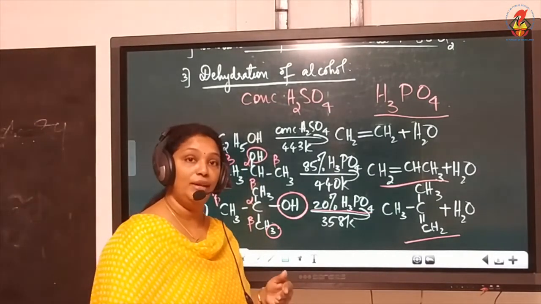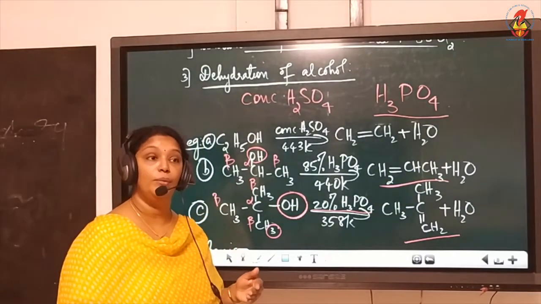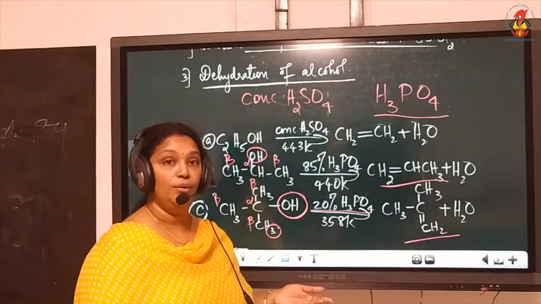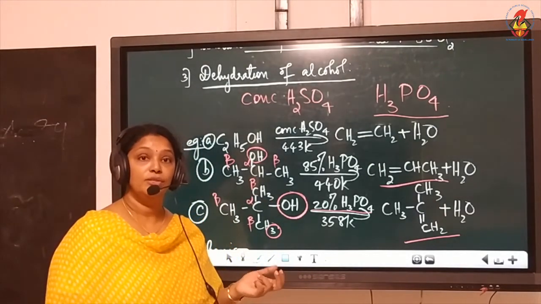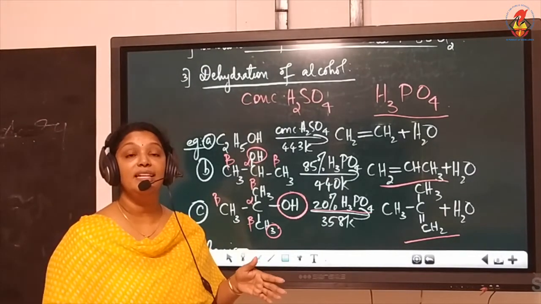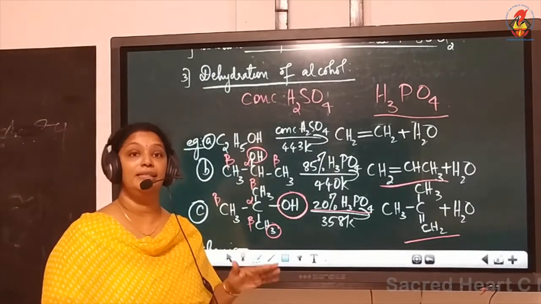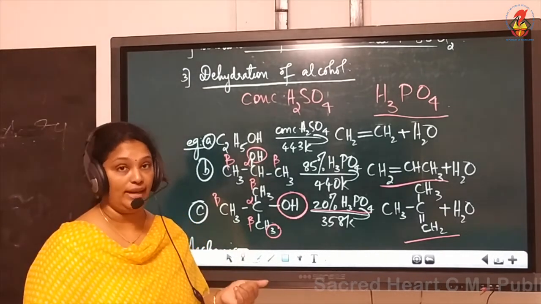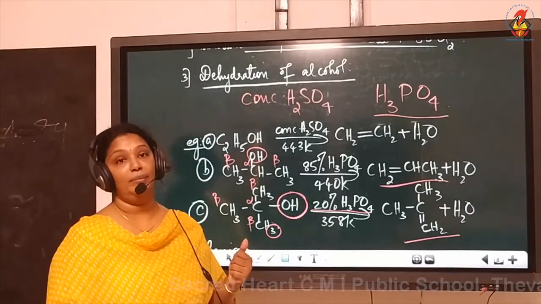In the mechanism you can see it involves the formation of an intermediate carbocation. And we know tertiary carbocation is highly stable. So since it is highly stable, tertiary alcohol gets dehydrated very quickly, even with the help of a mild dehydrating agent like phosphoric acid, followed by secondary alcohol, followed by primary alcohol.